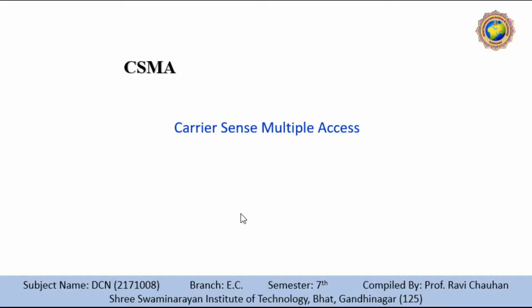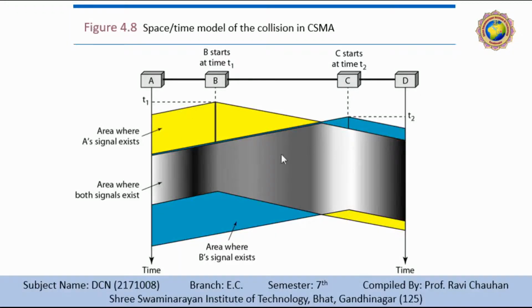The reason for this is shown in the figure over here, a space and time model of a CSMA network. The stations are connected to a shared channel, usually a dedicated medium. The possibility of collision still exists because of the propagation delay.